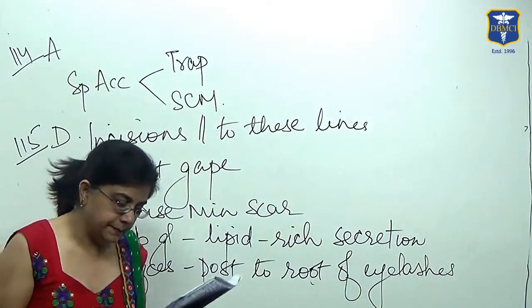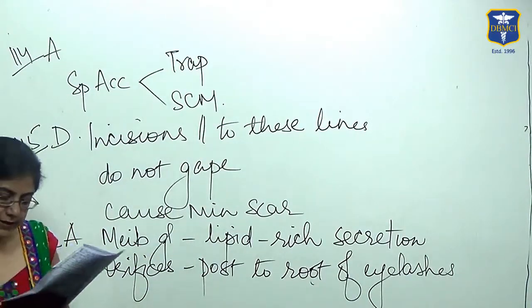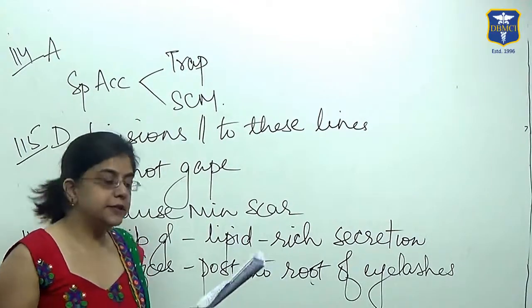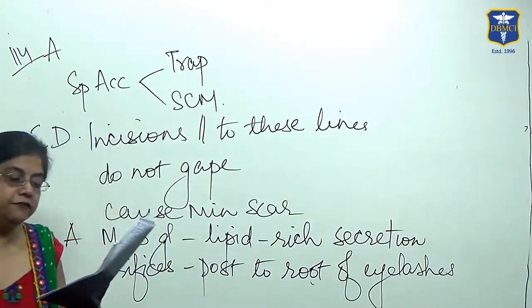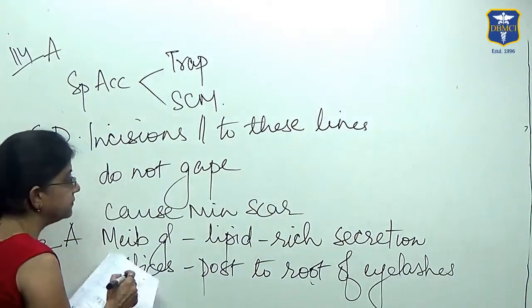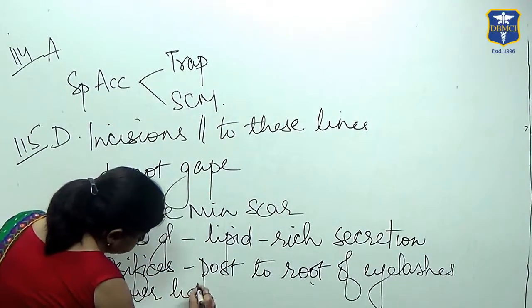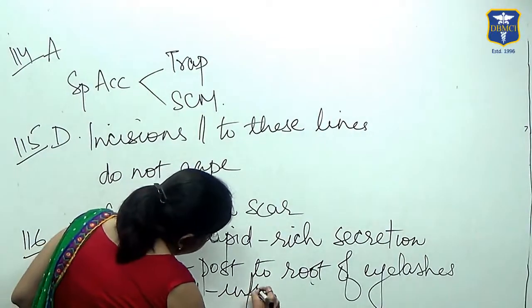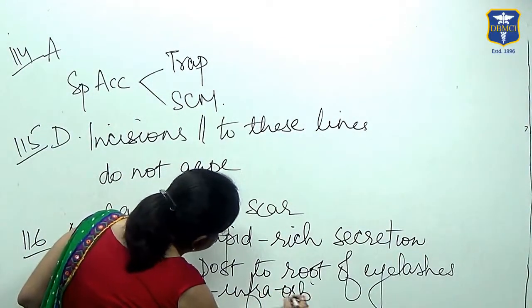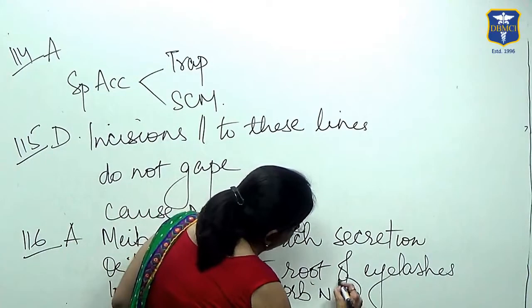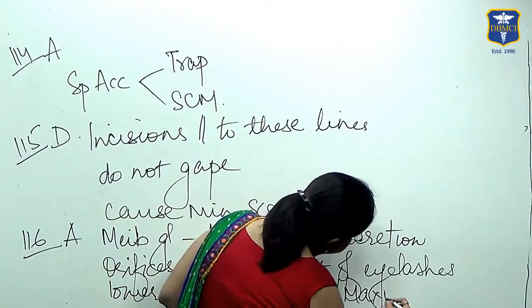Choice D, the lower lid is supplied by the infraorbital nerve, which is a branch of maxillary nerve.